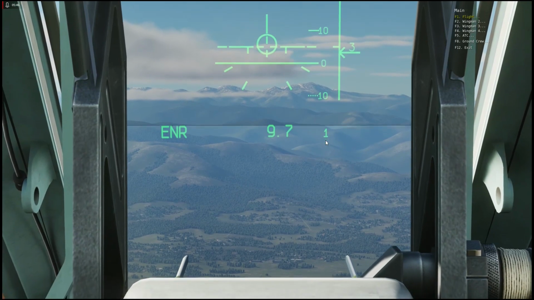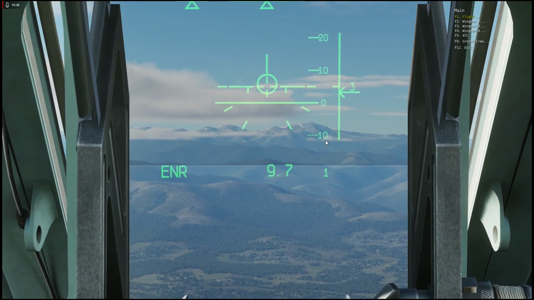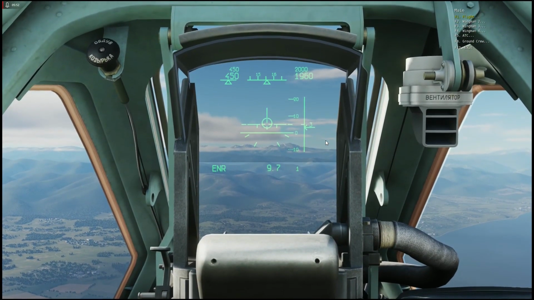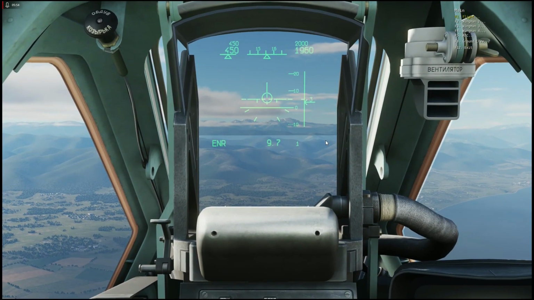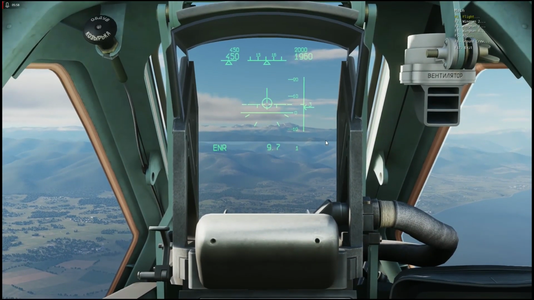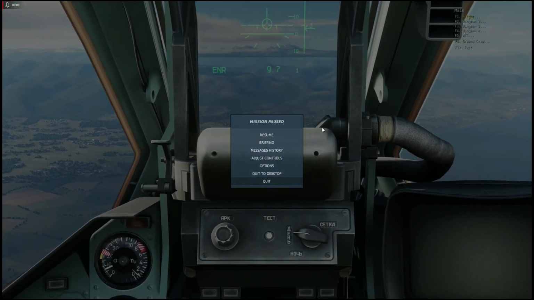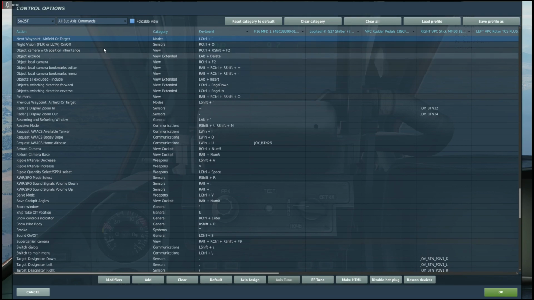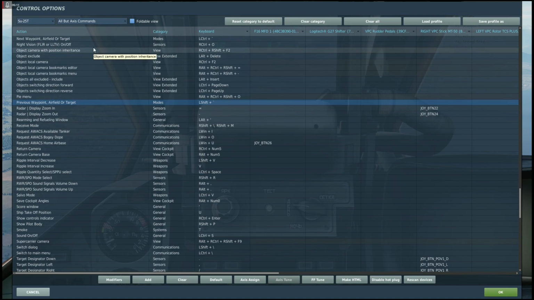As far as I know, there are no limitations in the Su-25T navigation system like there is on the Su-25. The buttons you need for that are the navigation mode button, next waypoint airfield or target, and previous waypoint airfield or target.